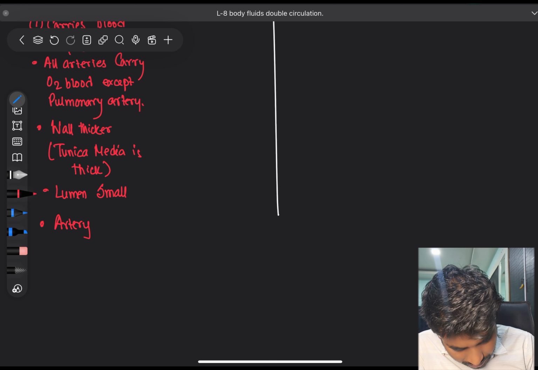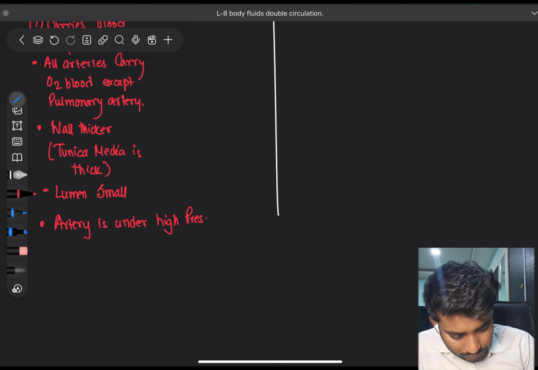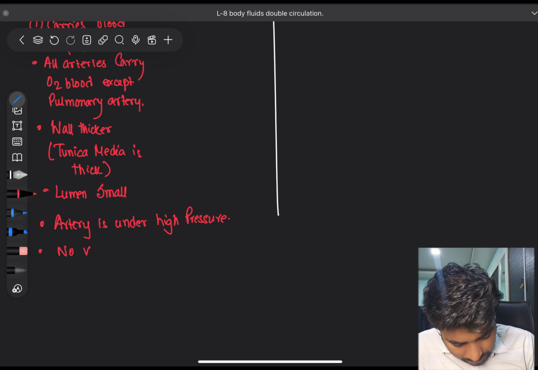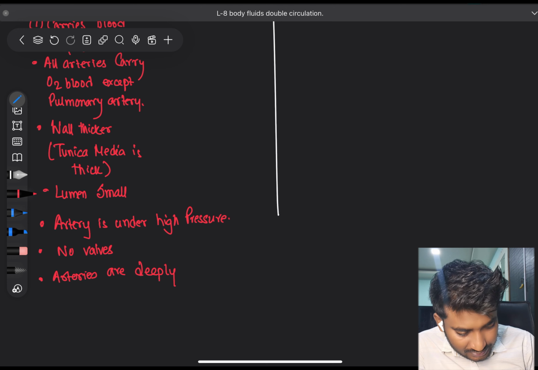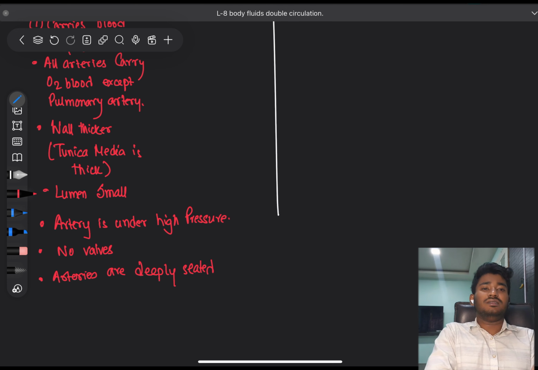Artery is under high pressure. No valves. Arteries are deeply seated. They lie deep inside our skin.